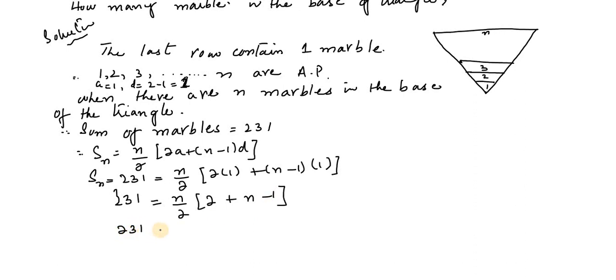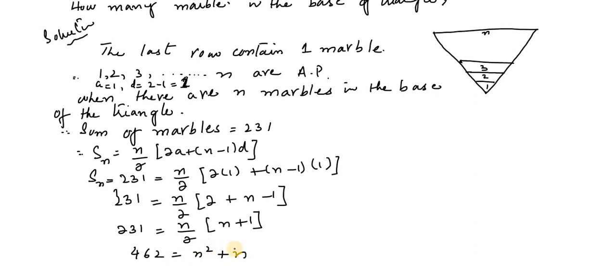So 231 is equal to n upon 2 times (n plus 1), since 2 minus 1 is 1. Multiplying by 2 on 231, we get 462 is equal to n square plus n.